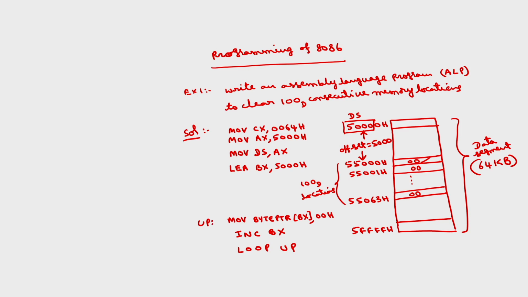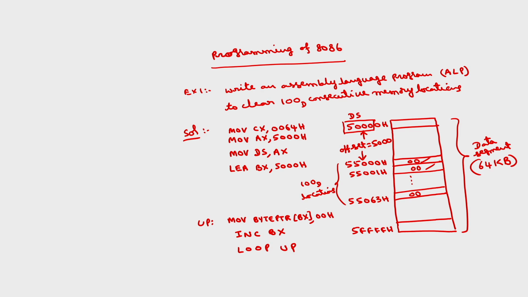Now, because BX has been incremented, BX becomes 5001. So 00 will be transferred to the byte pointed to by 5001, meaning 50001H will be loaded with 0. After this, when the loop instruction executes again, CX will be automatically decremented by 1.